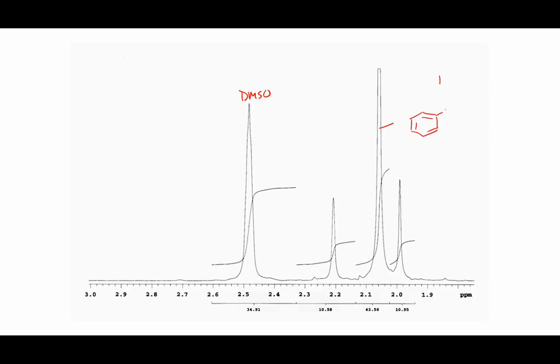Since it's the larger peak, we'll call that A. That is the methyl group on product B. These two methyl groups right here are left over from product A.